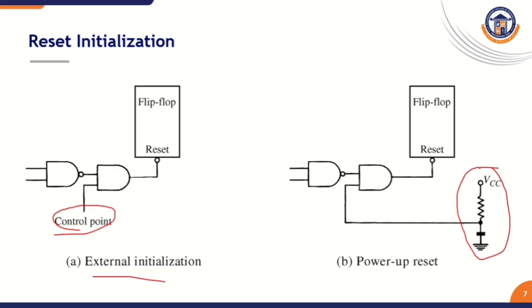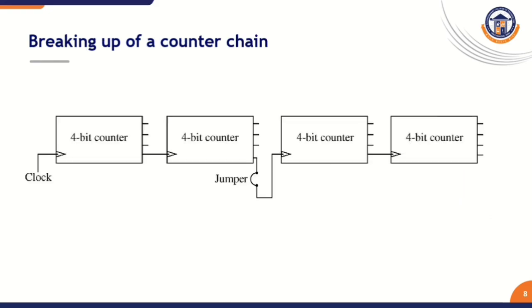Next, consider breaking up the counter chain. Long counter chains are difficult to test because faults may not propagate easily. We break the counter chain into smaller parts through a jumper concept, where we introduce tri-state driver logic.